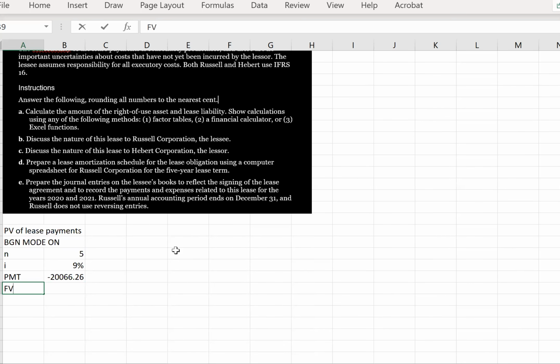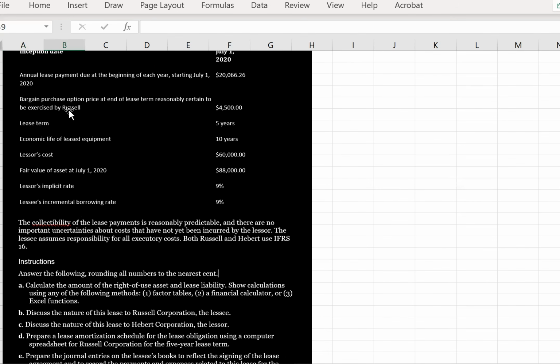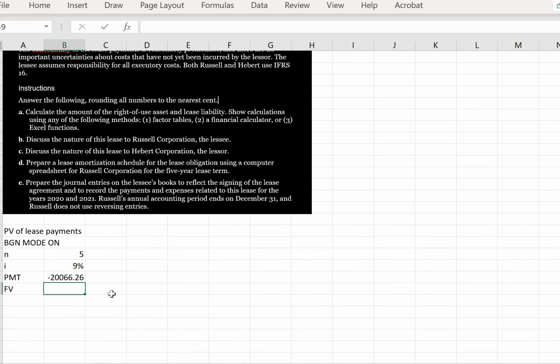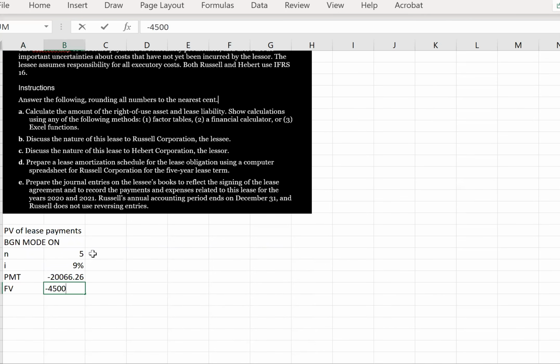And the future value is going to be, now up here it says that there is a bargain purchase option at the end of the lease term, reasonably certain to be exercised by us, the lessee, $4,500. So because it's reasonably certain to be exercised, we're going to include this as a cash outflow at the end of the lease. So then we're going to compute present value, and we will obtain $88,000.